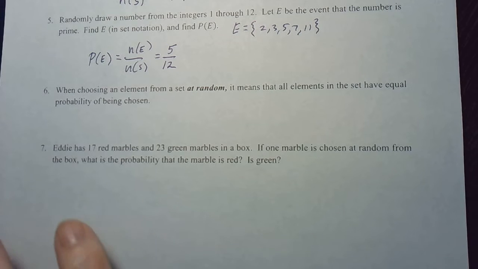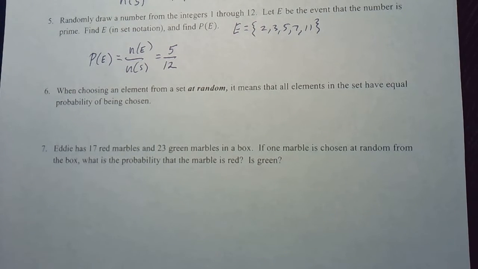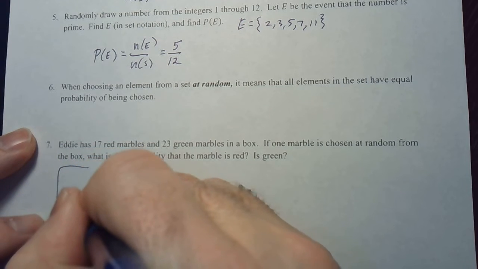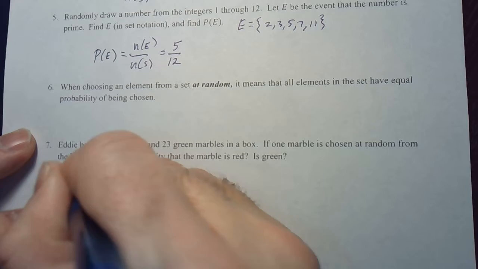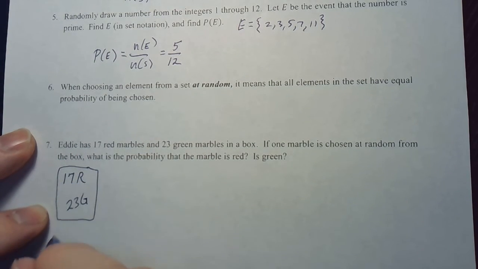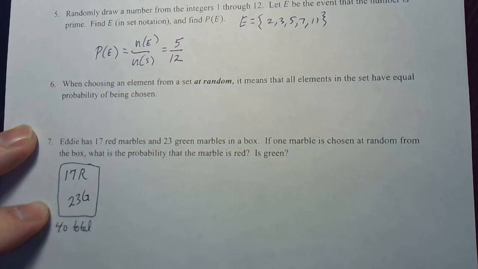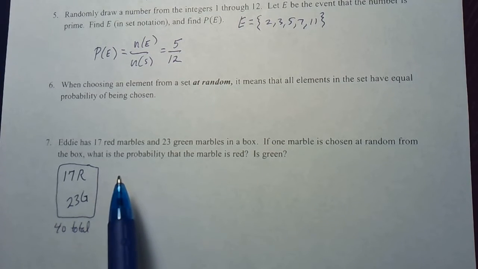All right, number 7. Eddie has 17 red marbles and 23 green marbles in a box. I sometimes like to draw a picture as soon as I get that, so here's the box, and I'll just put something like 17R and 23G. Which means there are 40 total marbles. If one marble is chosen at random from the box, what's the probability that the marble is red?